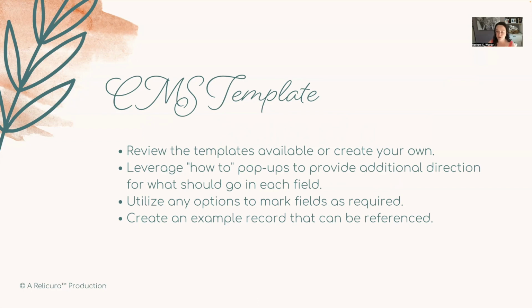Many of our collections management systems now also offer pop-ups where you either hover over the field or maybe there's a gear icon next to the field where if you hover or click, it will pop up with a description of what that field is typically used for, and may even provide a specific format of how the data is supposed to go into that field.